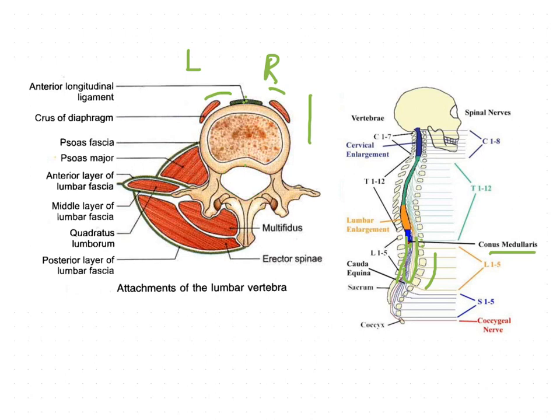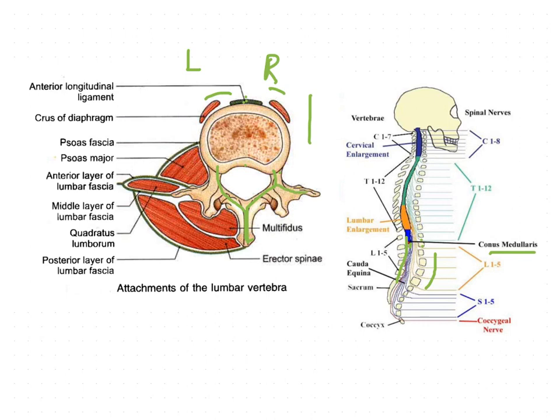So here the arch is normally called the posterior part. The entire portion is called the vertebral arch. In this vertebral arch, the pedicles, laminae and the spine form the vertebral arch.